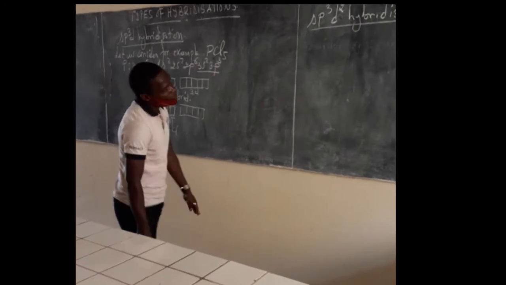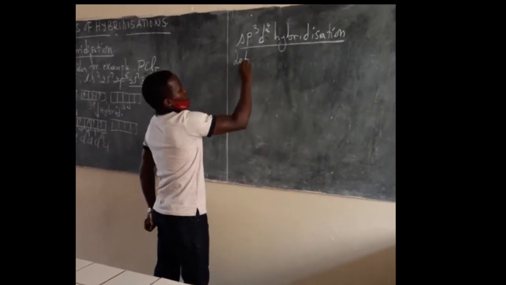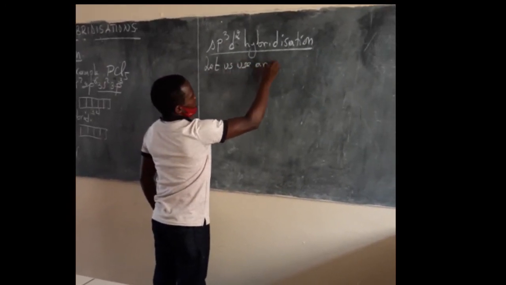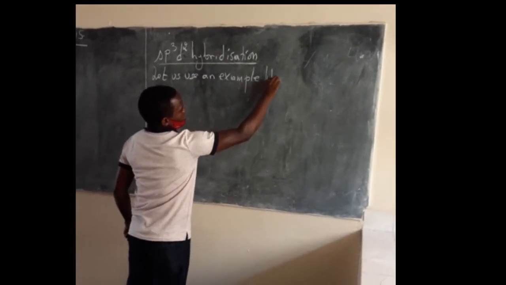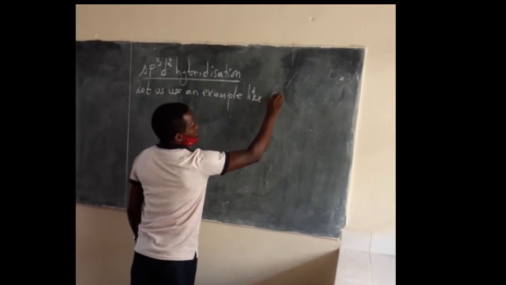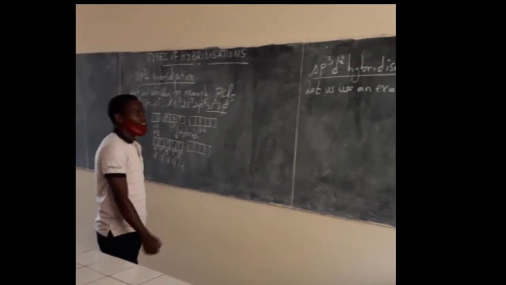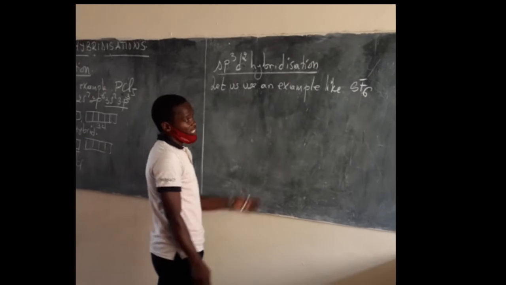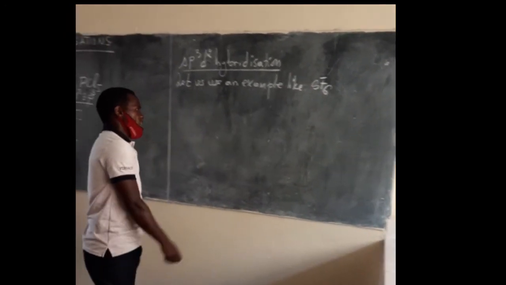To understand this one, let us also use an example, like SF6. The hybridization is done only by the central atom. In this case, all fluorine atoms are just attached to S.